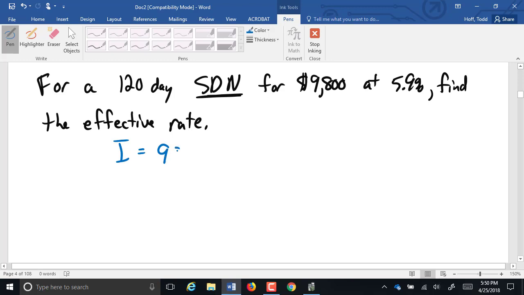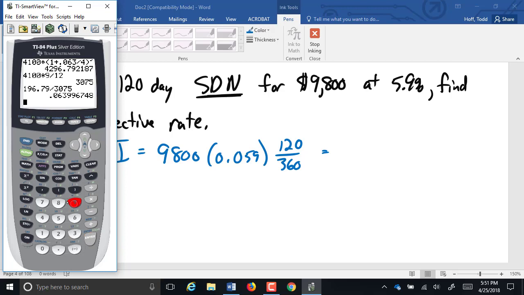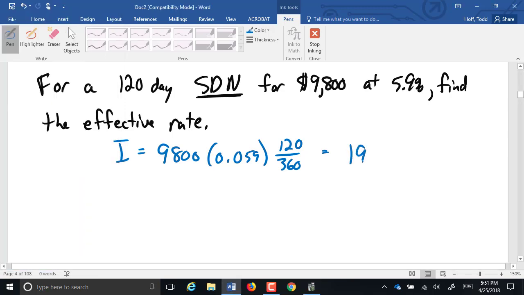It's that $9,800 times 0.059 times 120 over 360. So 9,800 times 0.059 times 120 over 360 is 192.73 for interest.